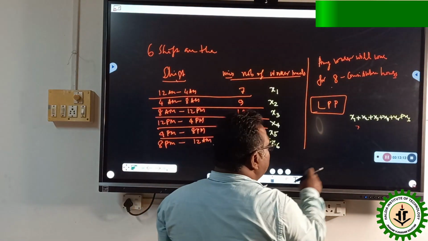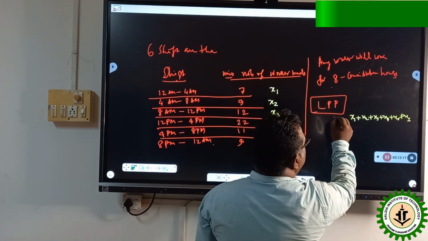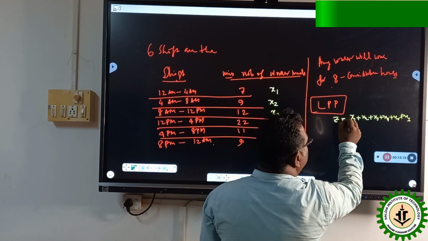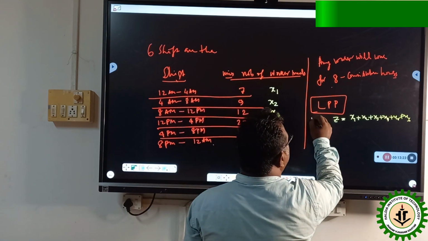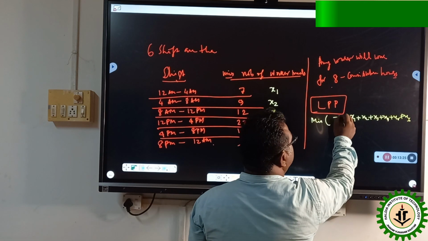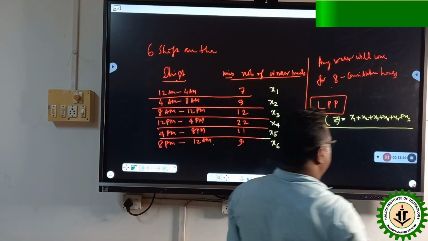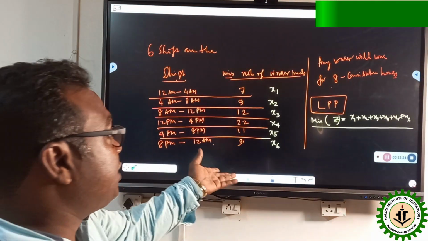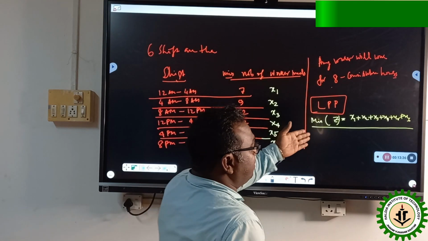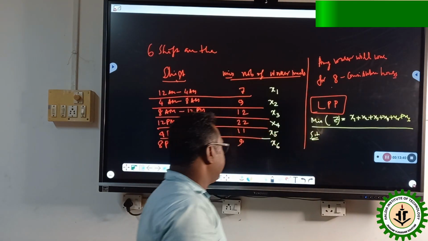So as a manager, what do you want? This is our total number of workers, and our aim is to minimize this. So this is our objective function. Now we will minimize this, and for that we have to find out what the constraints are.